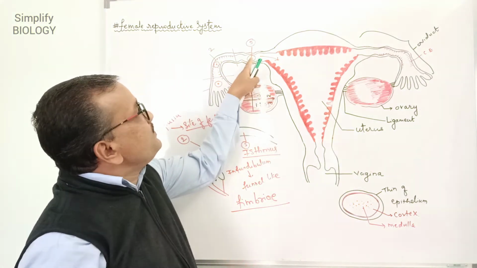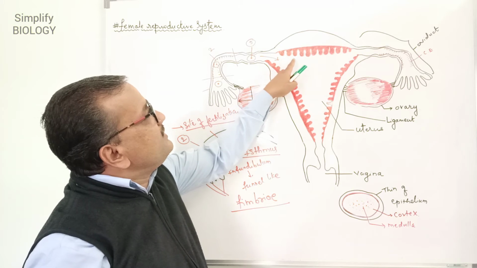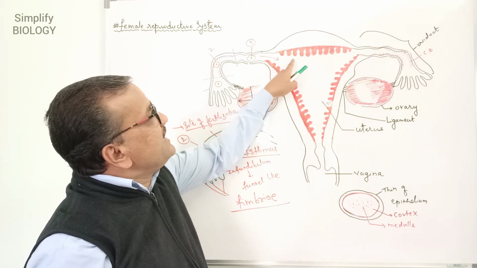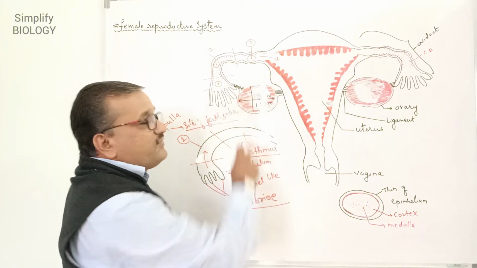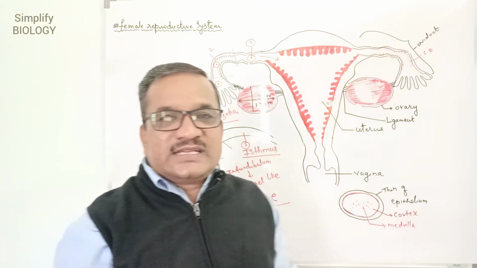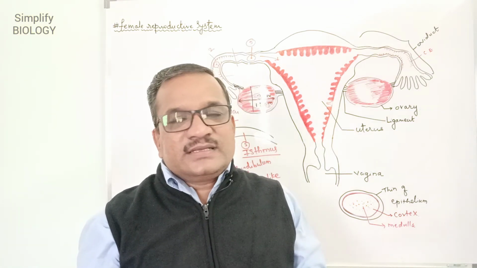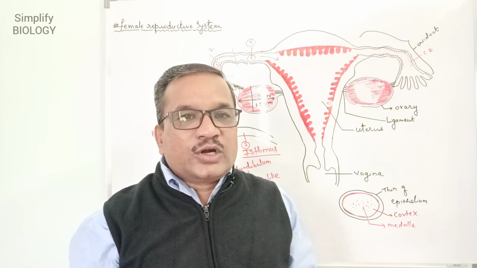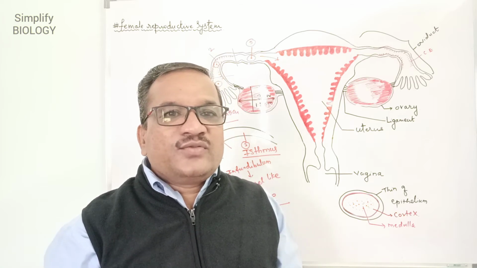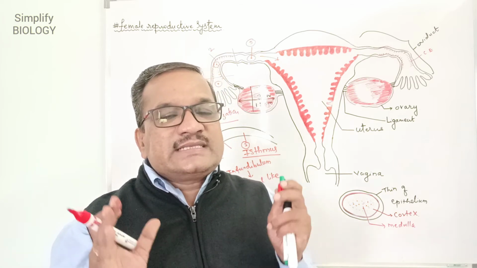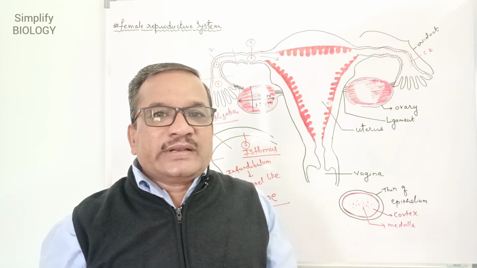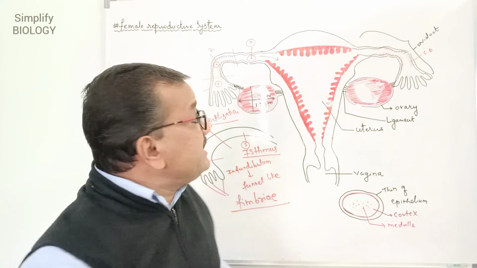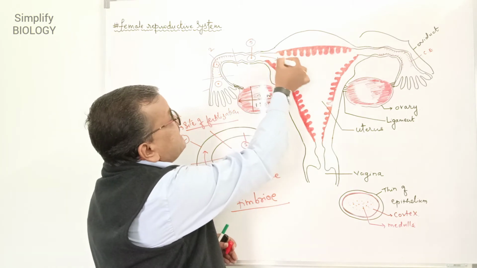Here implantation of the embryo will occur. If fertilization occurs, implantation will take place. Understood? Otherwise it will not occur. So this is all about the isthmus, which conducts the ovum to the uterus by peristaltic movement and ciliary movement.